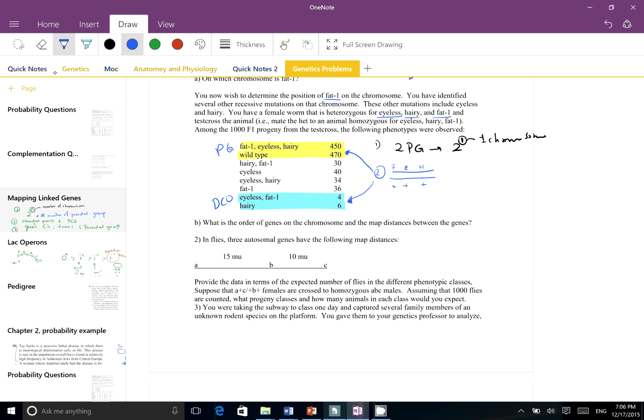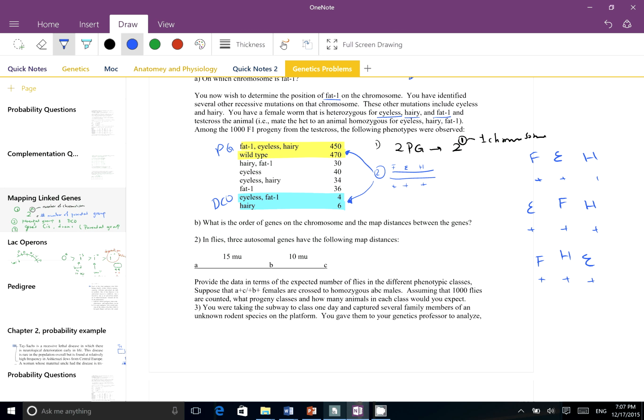So here is my E, here's my F, here's my H, F, H, E, H, and F, E, right? So the ones opposite to them will be the wild type. Here's my wild type. Here's my wild type.